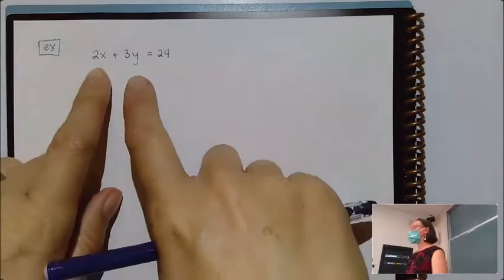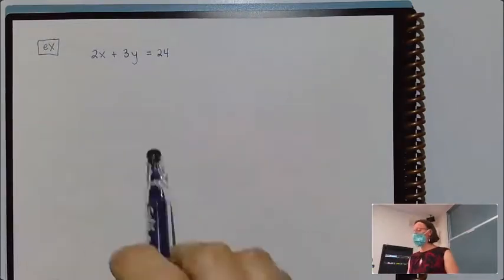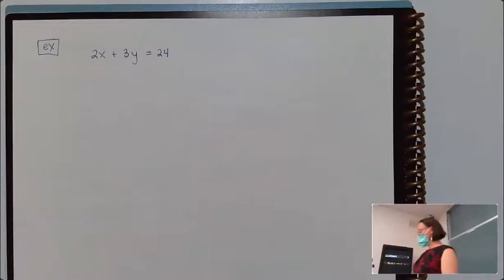My X and Y values both have invisible exponents of 1, and we're adding them together. So I know that that's the equation of a line. And if it's the equation of a line, I ought to be able to find the X and Y intercepts. It might also be important for some context to find the slope. But for now, let's just find the X and Y intercepts so that we can sketch the line.